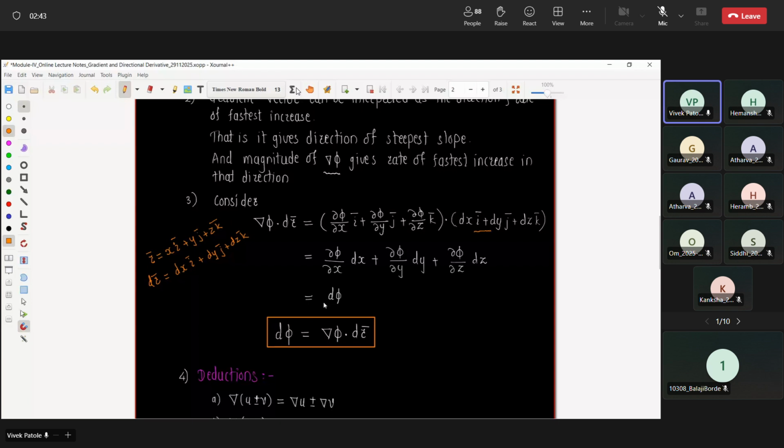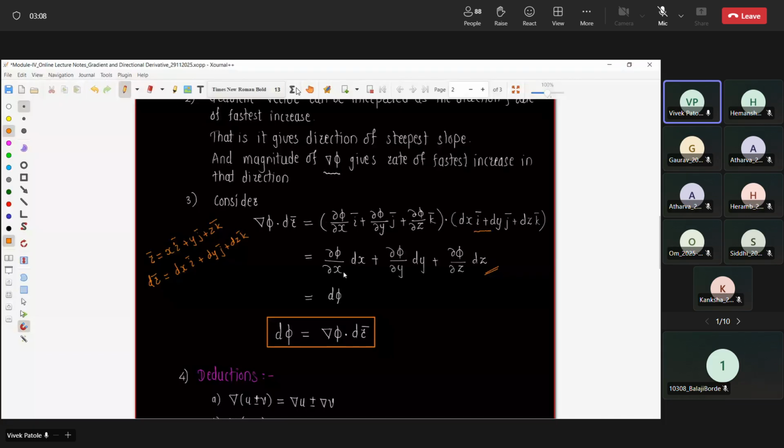Okay, so ∂φ/∂x dx, this ∂φ/∂z dz, and this whole expression in partial differentiation we discussed. What does this expression represent? It represents the total differential of phi, right? You might be remembering the total derivative chain rule. In that we discussed the total differential as well.